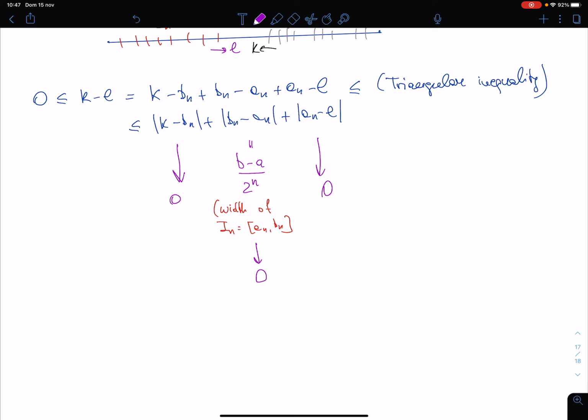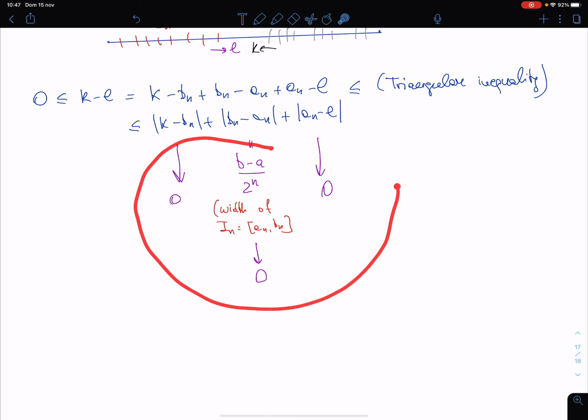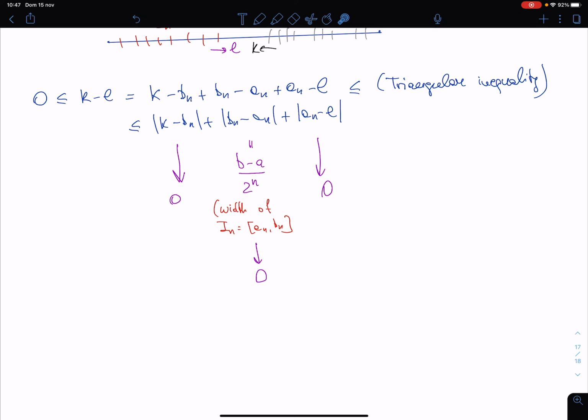So notice that here we have a quantity which is non-negative, and it is smaller than any element of a sequence that goes to 0. You can see it as an application of the two carabinieri theorem when two sequences are constant.